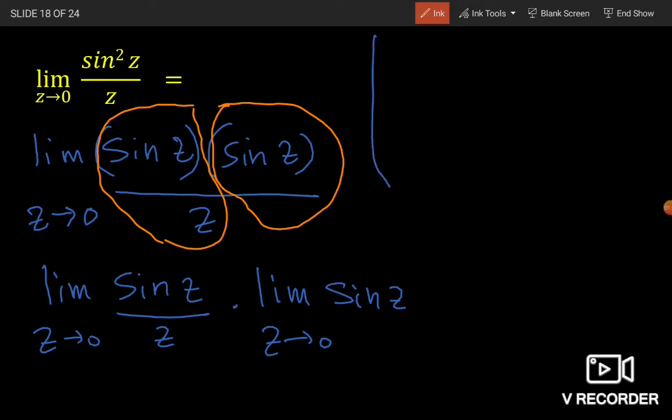So the limit of sine z over z as z approaches 0 is equal to 1, multiplied by the limit of sine z as z approaches 0, which is equal to 0. So the answer therefore is equal to 0.